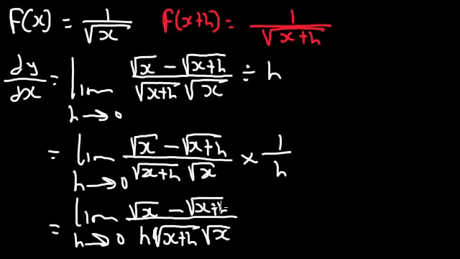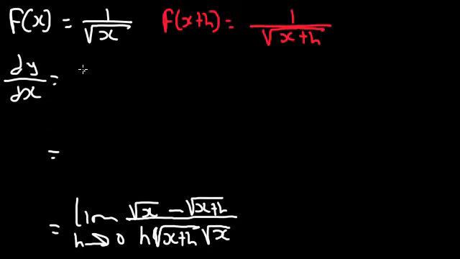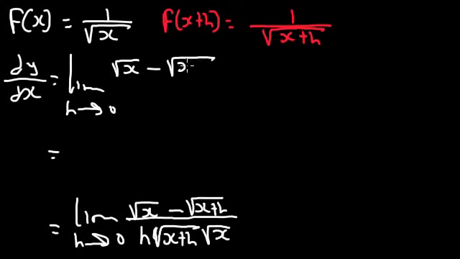Perfect. Now at this point we are going to do something similar to what we did in the previous example, and that is we are going to rationalize by multiplying both the top and bottom by the conjugate of the numerator. So we are rationalizing the numerator and not the denominator. Okay, so therefore dy/dx will now become the limit as h approaches 0 of root x minus root x plus h, all divided by h root x plus h root x.